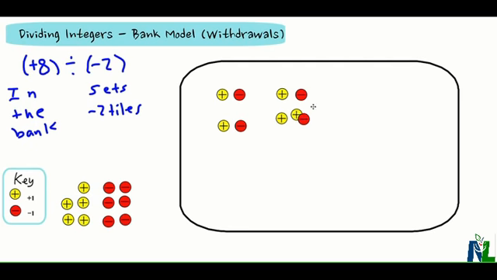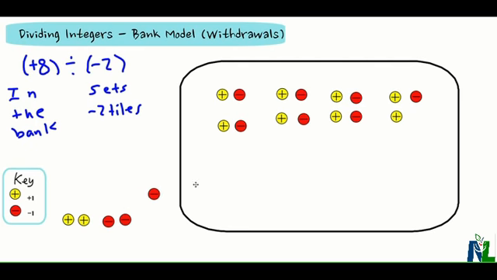Okay, getting there. And I'm almost at my last set here now. Okay, so I have my 0 pairs added in, 8 sets of 0 pairs. And now I'm going to work with my sets of 2 negative tiles.